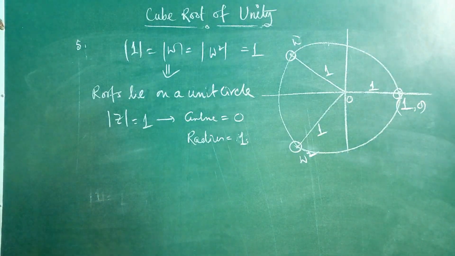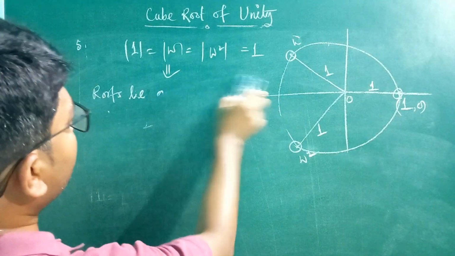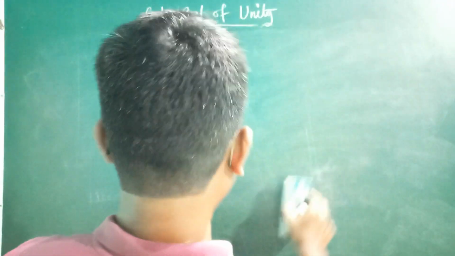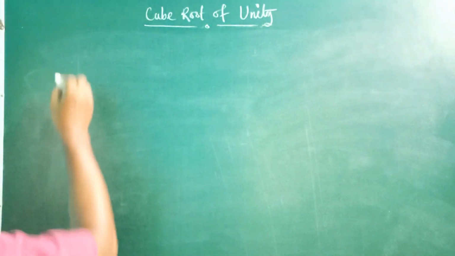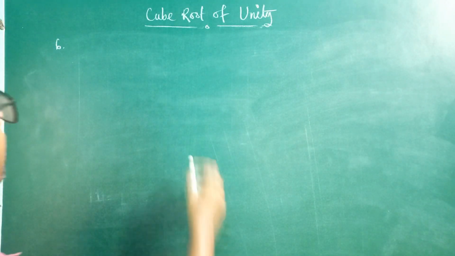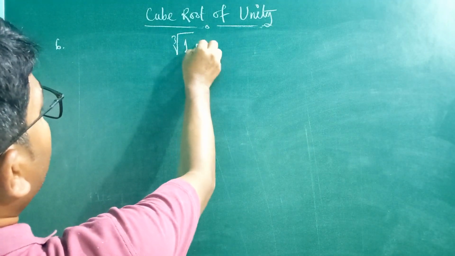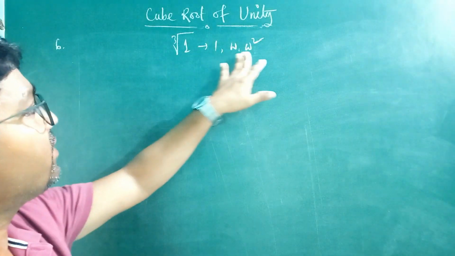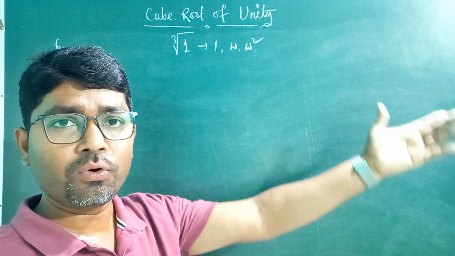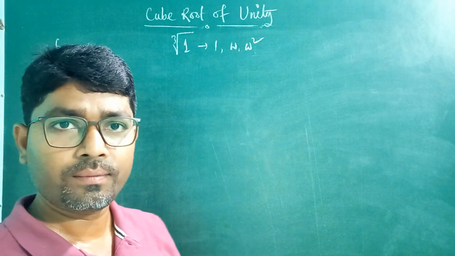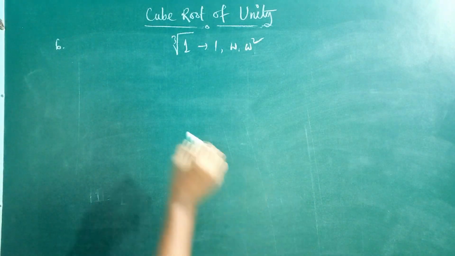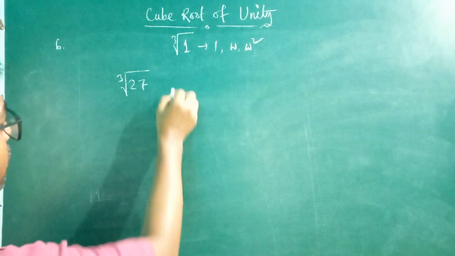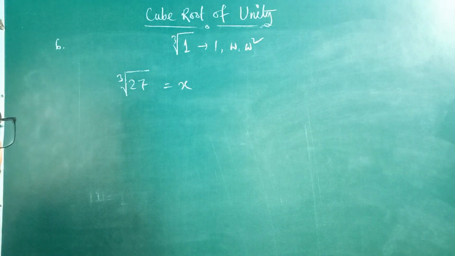Now come to the sixth point. The cubic roots of 1 are 1, omega and omega square. Using this data, we can find the cube root of any number. Suppose you have to find the cube root of, say, 27. Suppose the value is x.